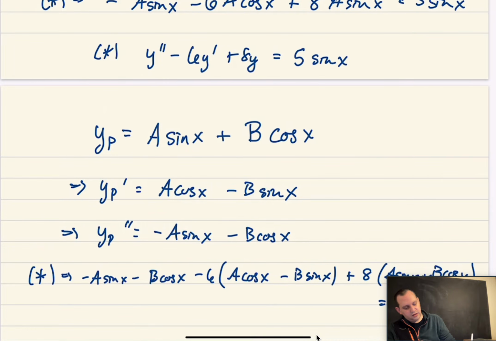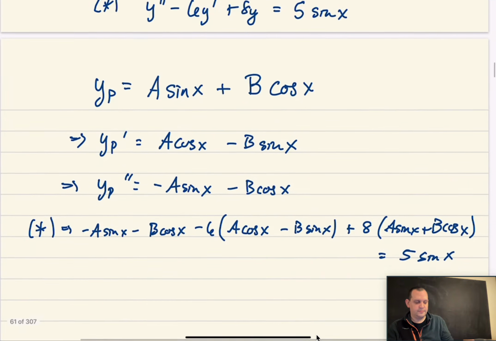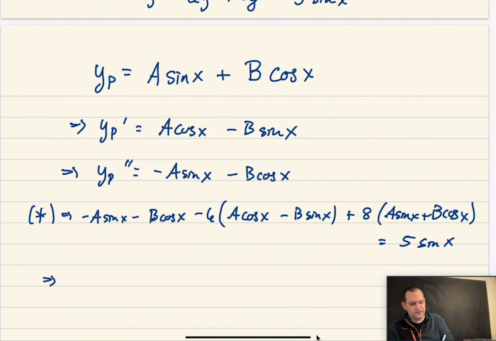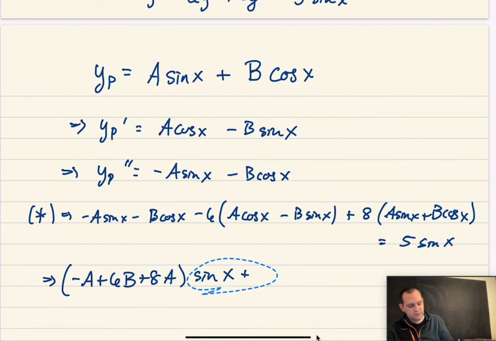I'm out of room here. And we want that to be equal to 5 sine of x. So what we can do now is group all of the sine and cosine terms together. If we group all the sine of x terms, we're going to end up with negative a plus 6b plus 8a, times sine of x, plus, let me write a little bit more compactly here, let's look at the cosine terms.